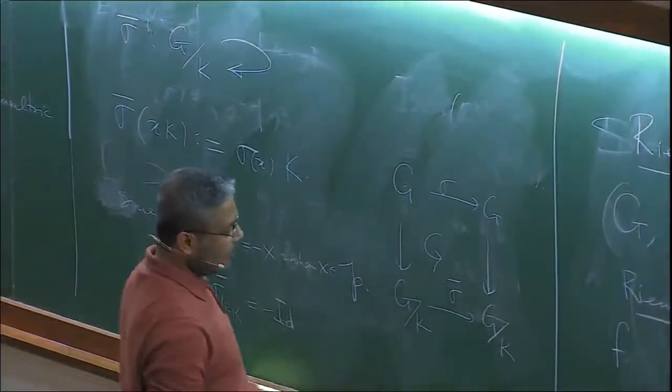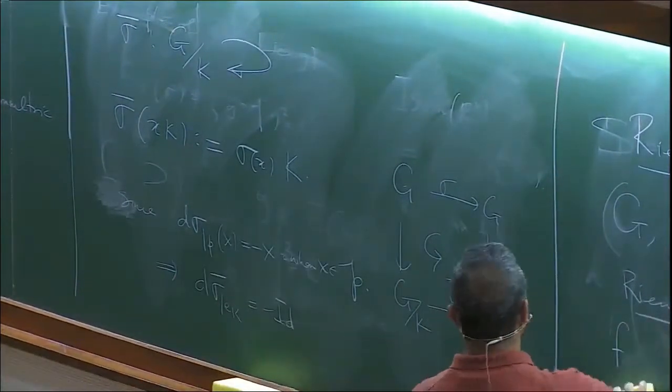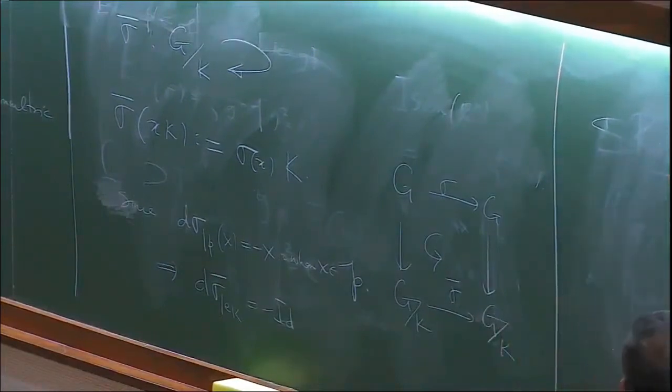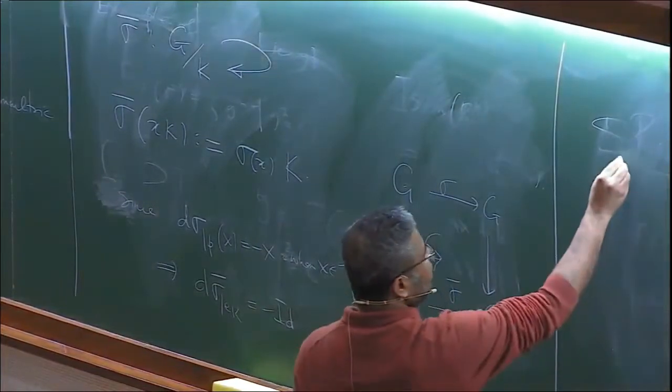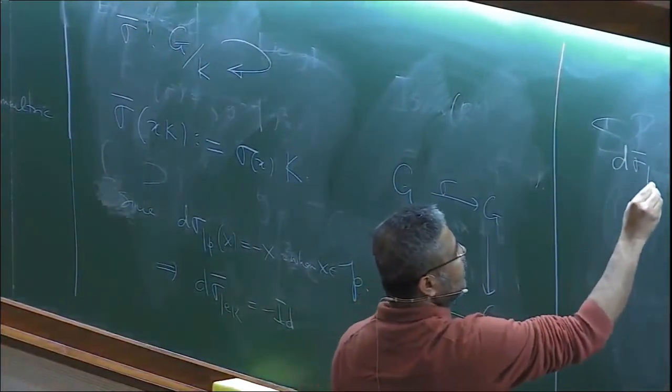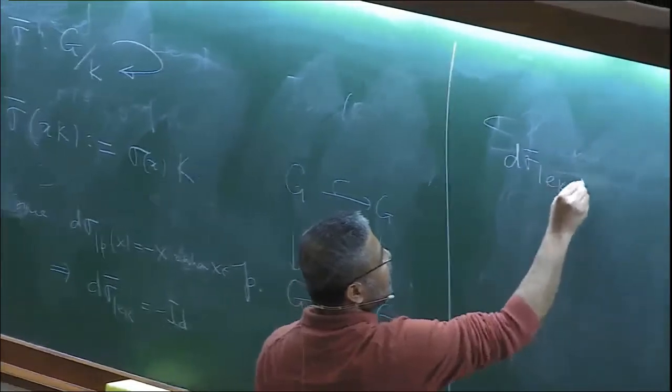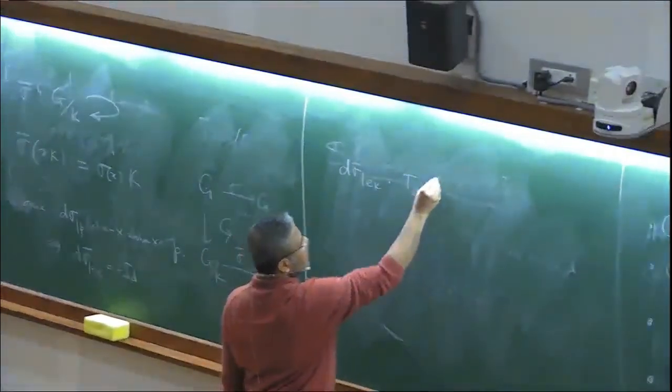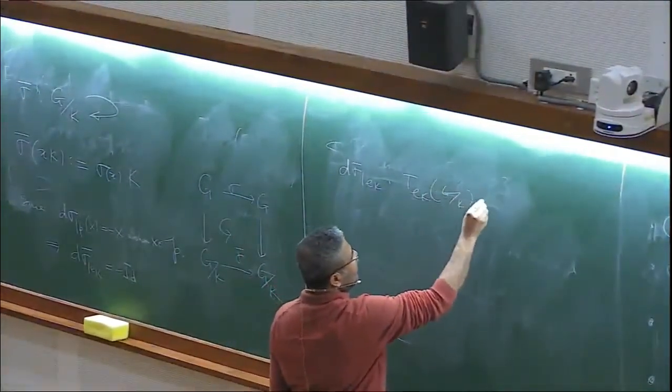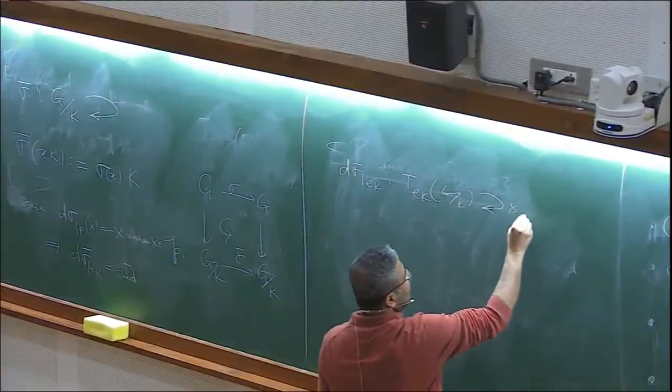So this map d sigma bar at Ek, from T_Ek G mod K to itself, is a linear isometry.